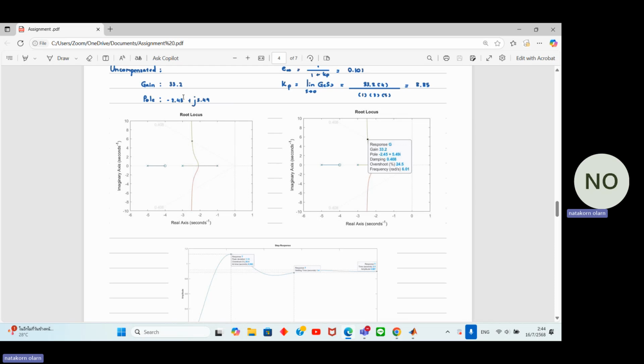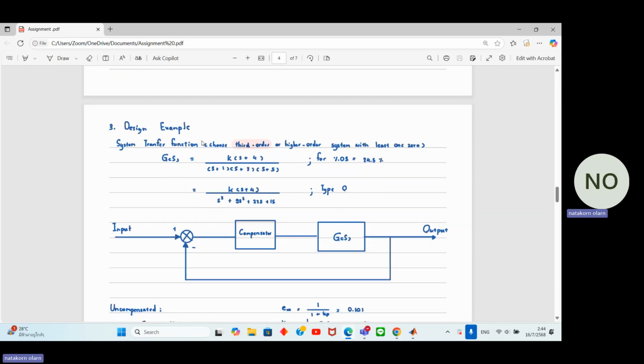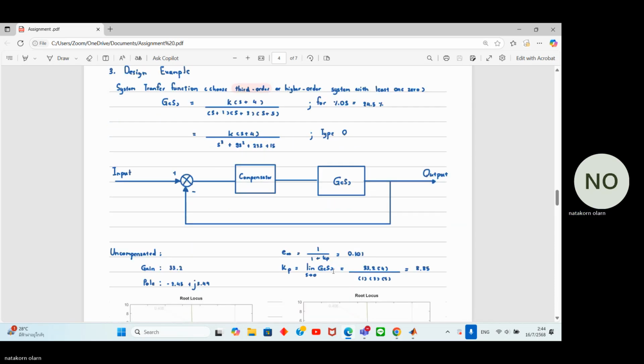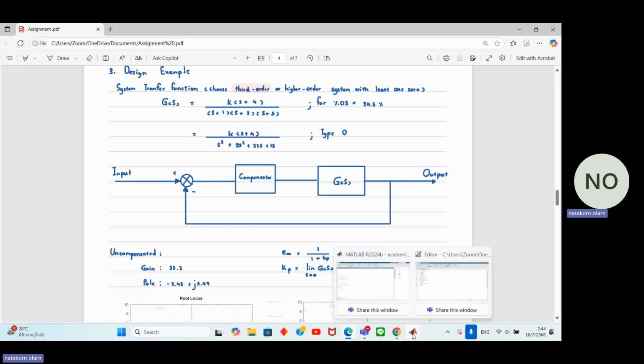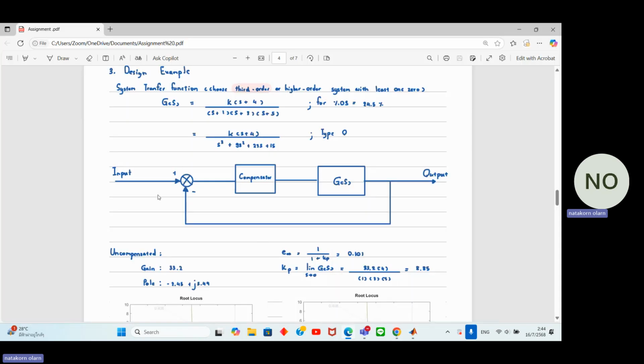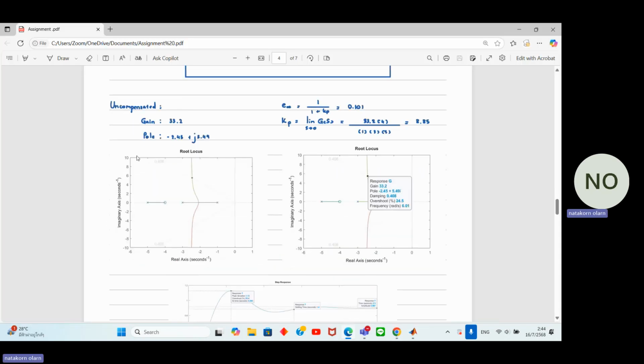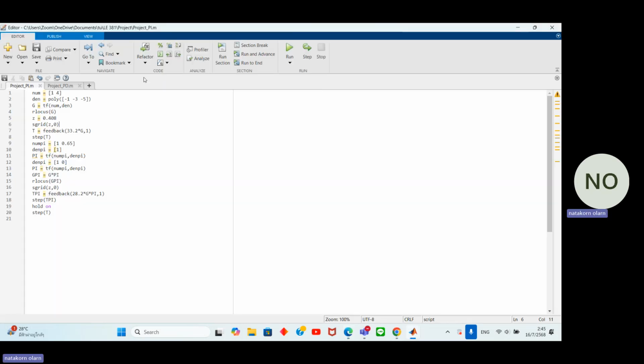So let's get started with MATLAB, finding the uncompensated value. This is my program, and I would like to solve it for you.